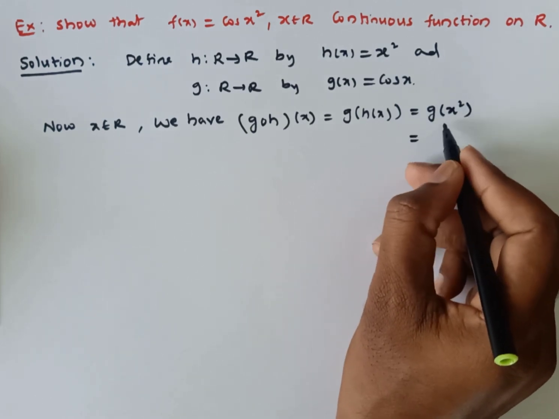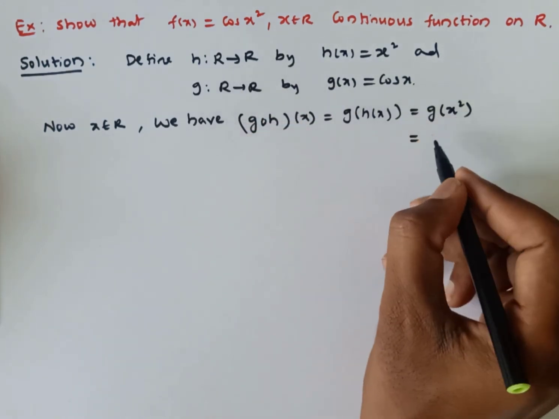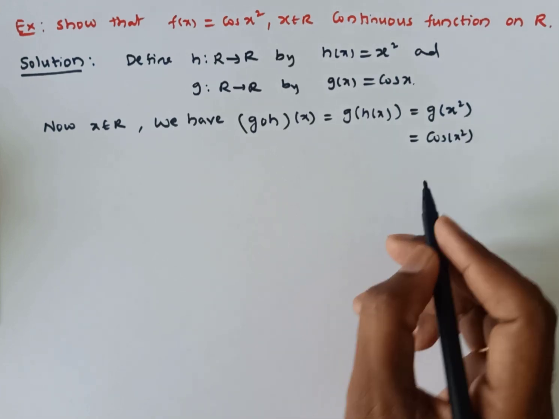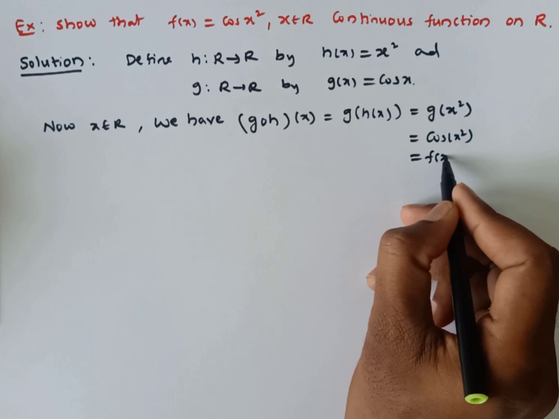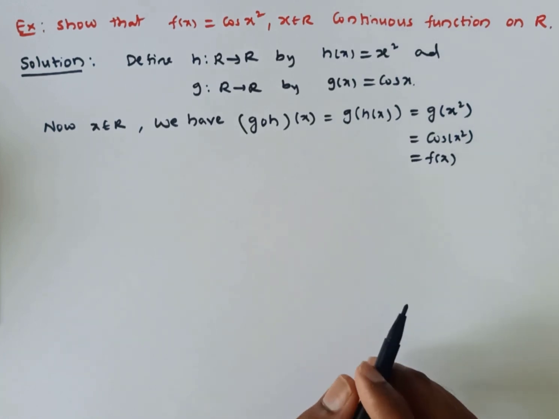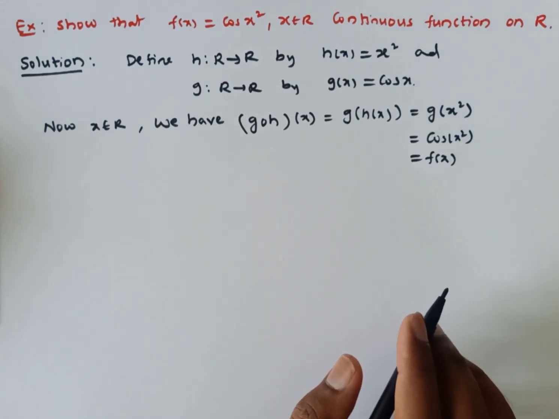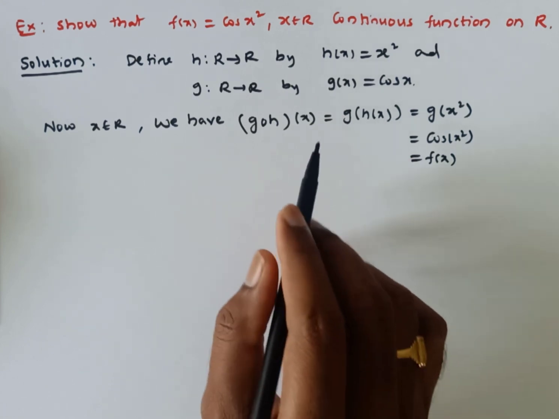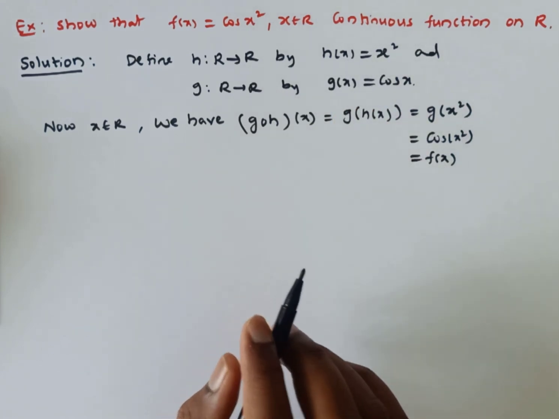So this is cos of x square. This is our f of x. So therefore f of x is also continuous, since g and h are continuous on their respective domains.